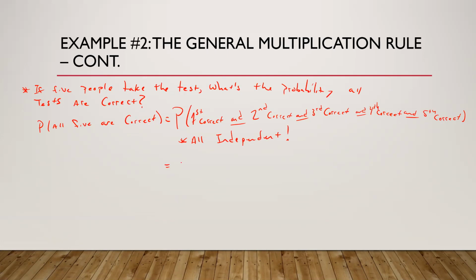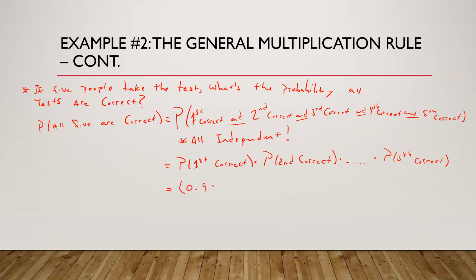Okay, so it's just the probability the first is correct times the probability the second is correct, and you keep going, times the probability the fifth is correct. All right, what's the probability the test comes back correct? 0.995.